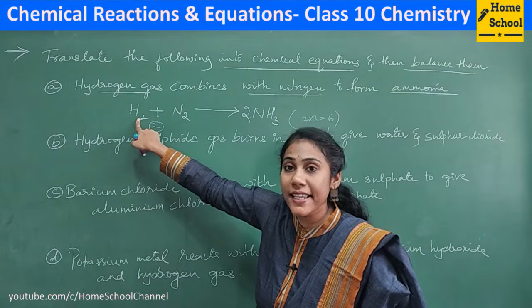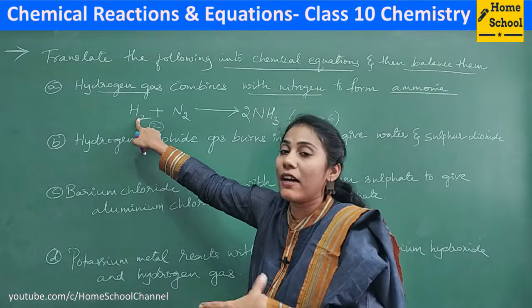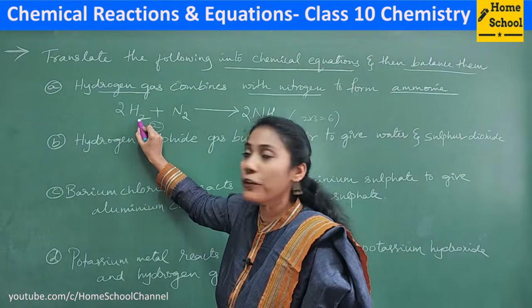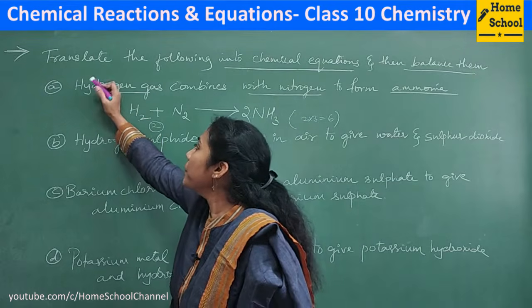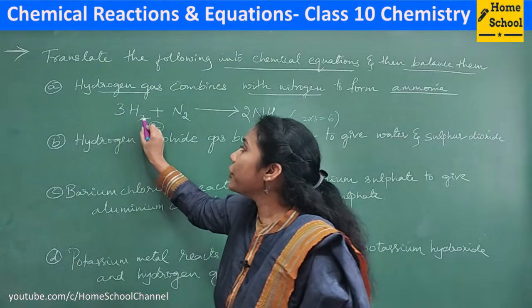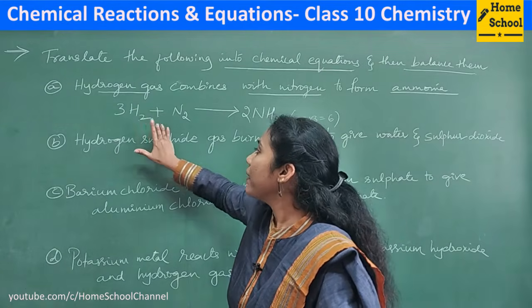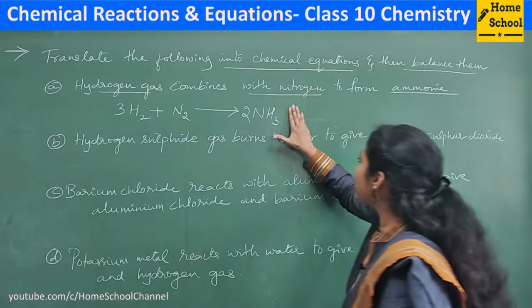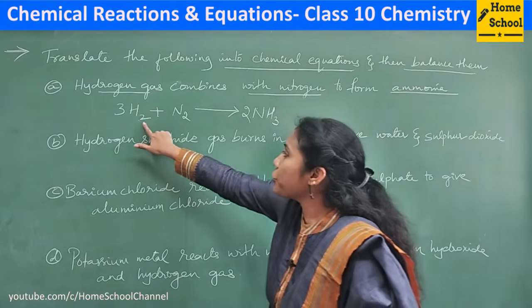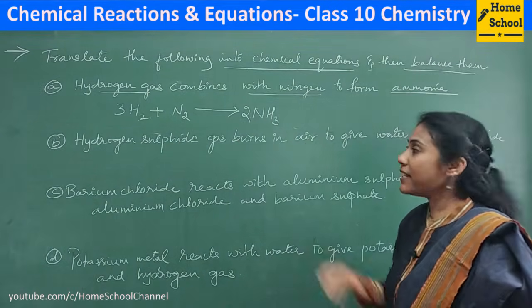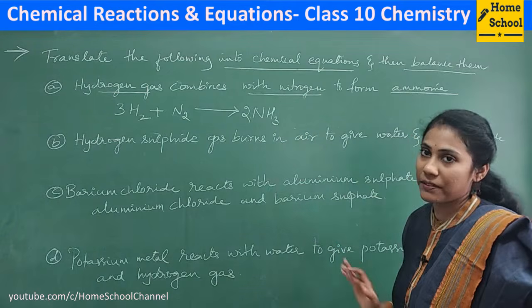How will you make it 6? If you put a digit 2, 2 into 2 becomes 4. But if you put a digit 3, 3 into 2 becomes 6. So you have to put 3 there. So what is the balanced equation here? 3H2 plus N2 giving you 2NH3. This is the answer for this question.